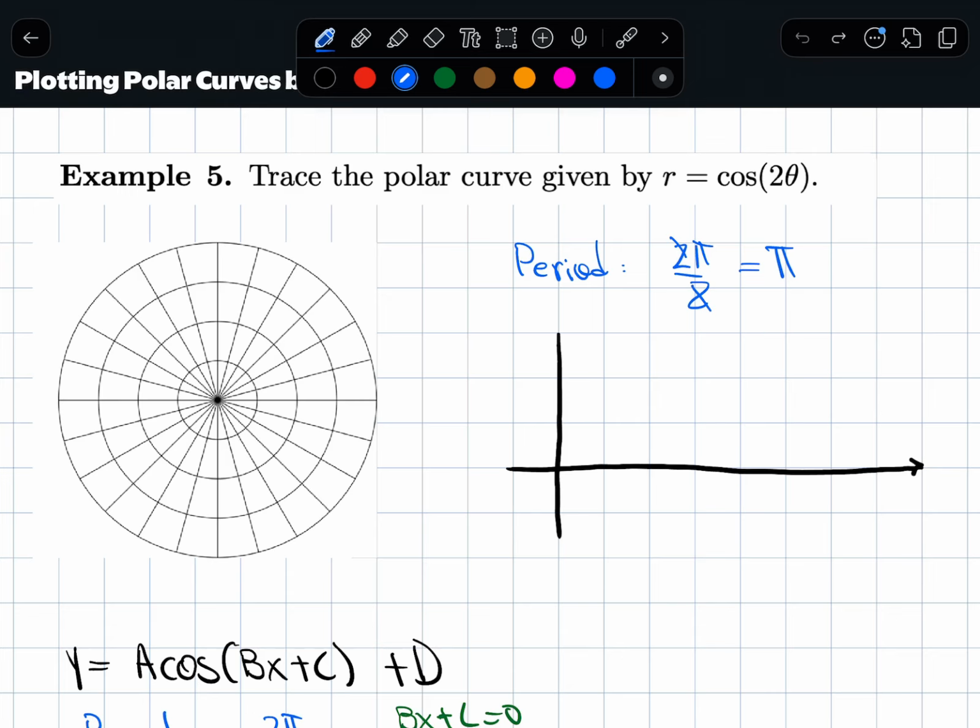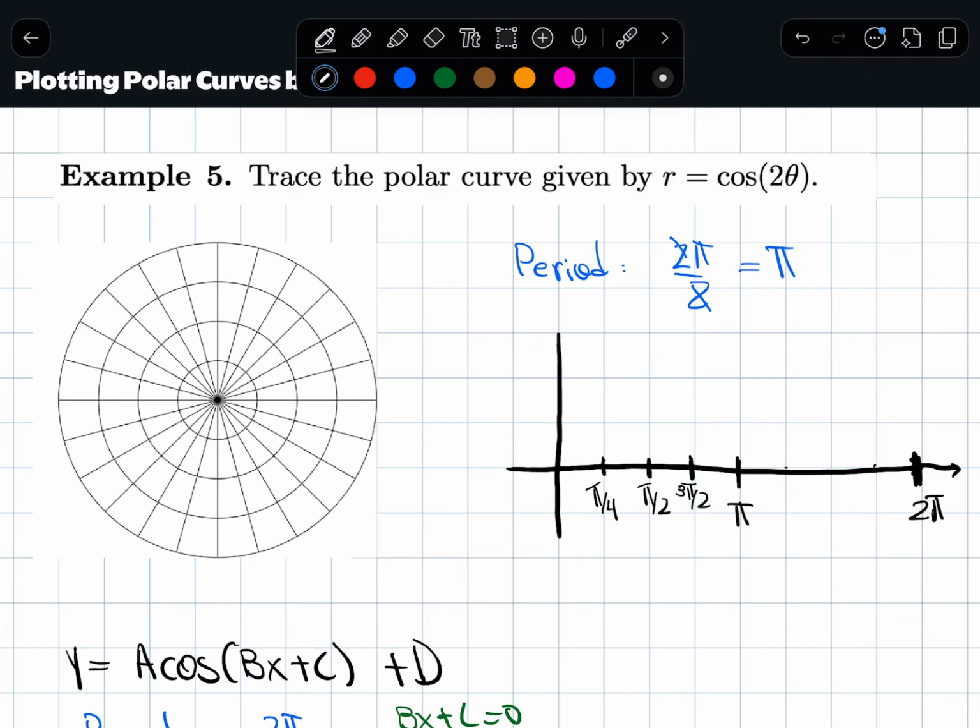And I'll put the period here. And I will always divide my period into 4 parts. So for me, this will be half of pi over 2. Half of pi over 2 again is pi over 4. And this will be 3 pi over 4, so halfway between pi over 2 and pi. And then 4 more units completes the 2 pi for me.